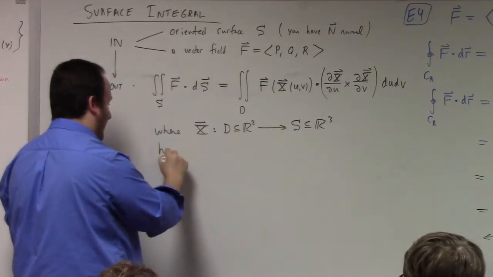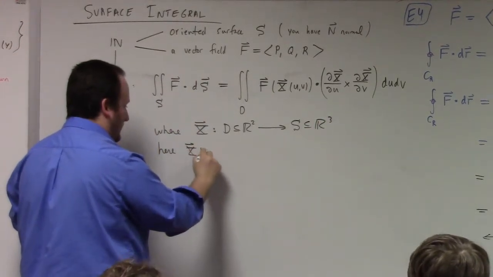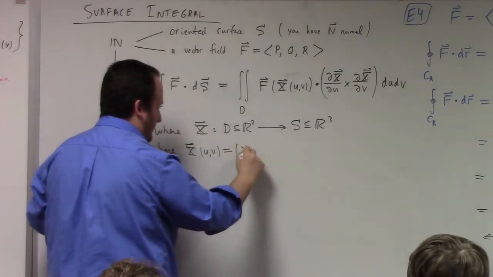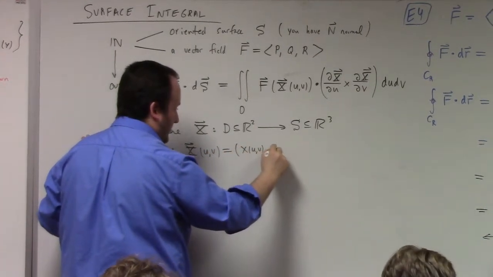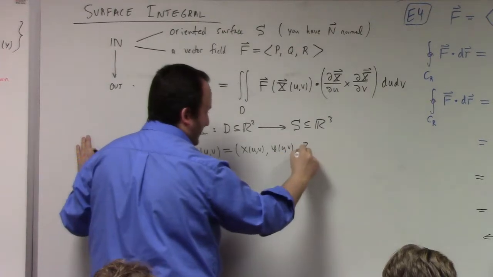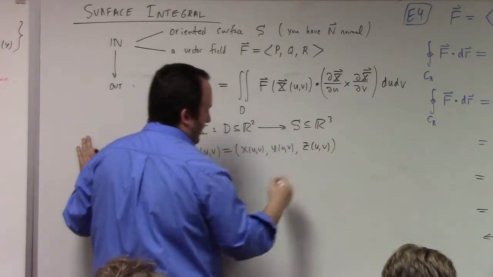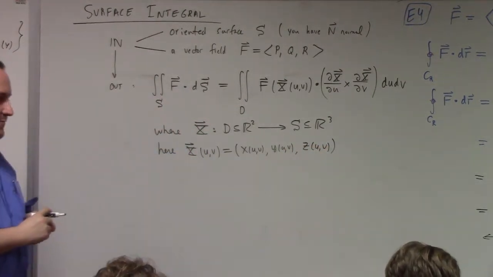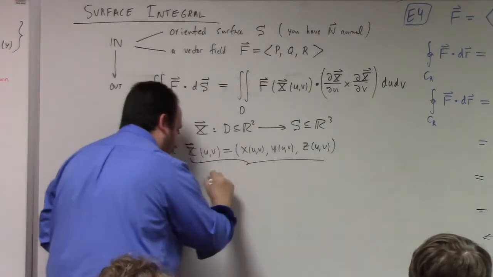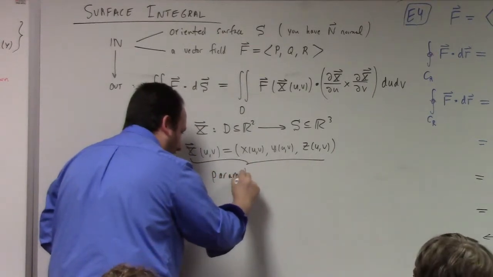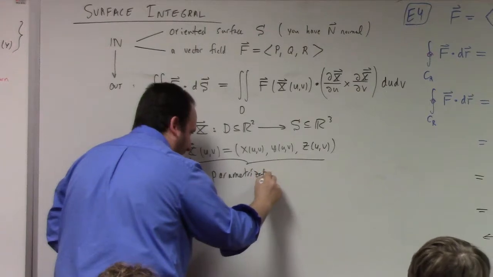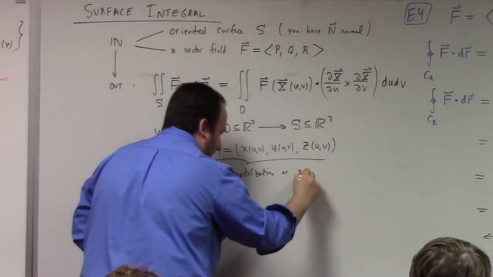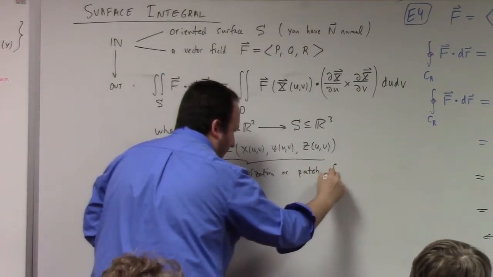Here, x of u,v is equal to little x of u,v, little y of u,v, little z of u,v. This is a parameterization or patch of S.